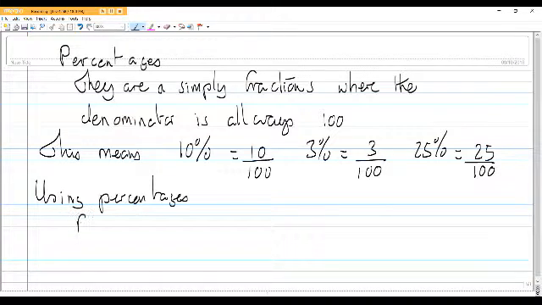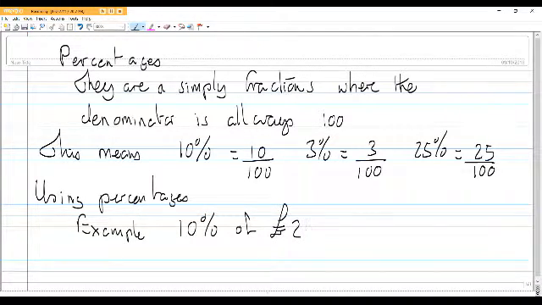Now of course, using percentages, let's just try this. Right, a simple example then. 10% of £2. Okay, well, to begin with I'm going to write that £2 as 200 pennies. So I'm saying £2 equals 200 pennies.